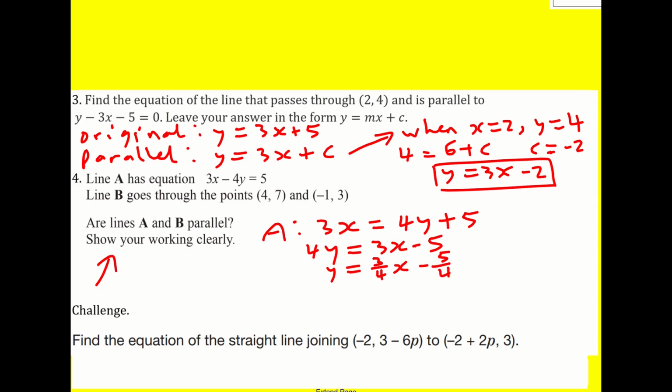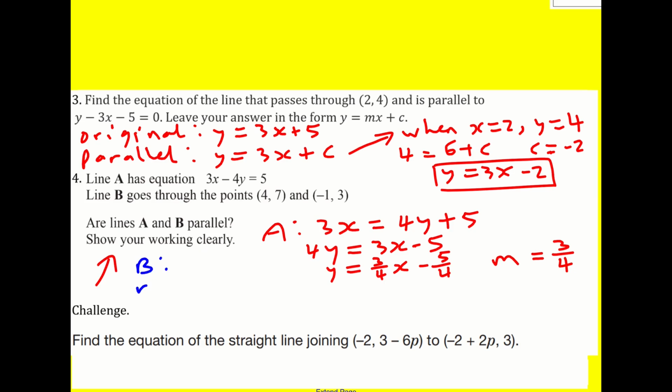You could have instead minus 3x from both sides and then divided through by minus 4. I just think there's more opportunity for errors when you start dealing with negatives. So m is equal to 3/4. And now I've got line B. So we're given 2 points. However, you don't need to work out the whole equation of the line. We only are interested in if they're parallel.